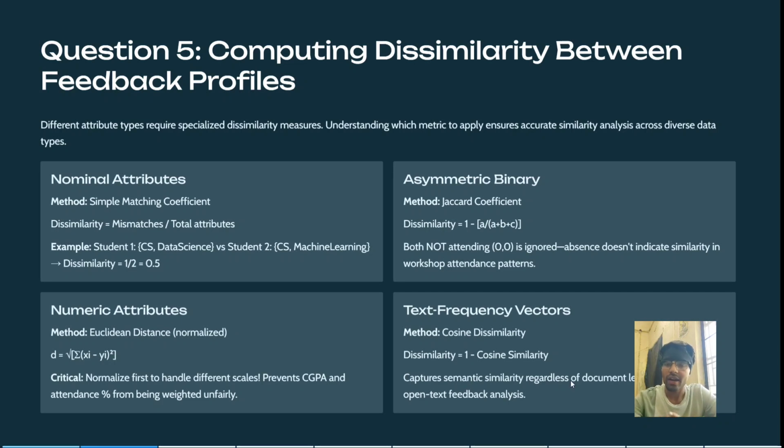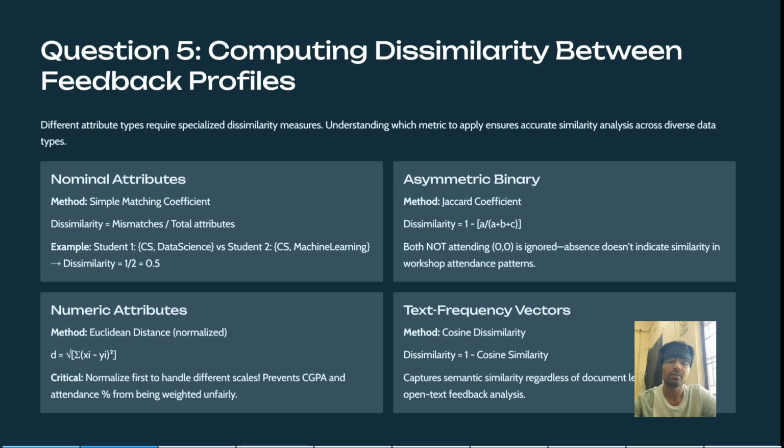If the student writes "excellent teaching teaching good", we get a vector where excellent appears one time, teaching appears two times, and good appears one time. Cosine similarity measures the angle between two vectors. The formula is the dot product of the vectors divided by the product of their magnitudes.